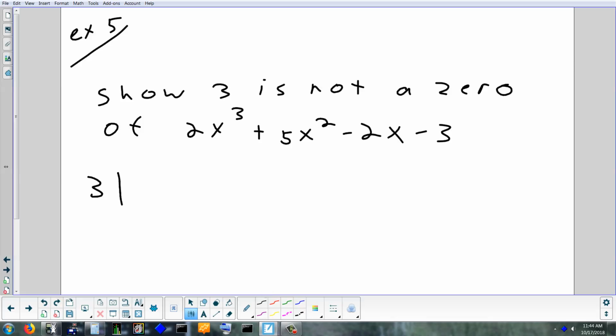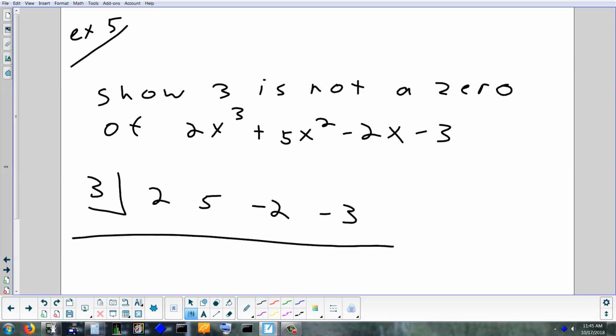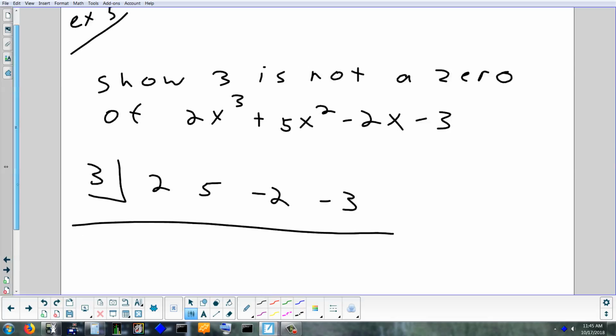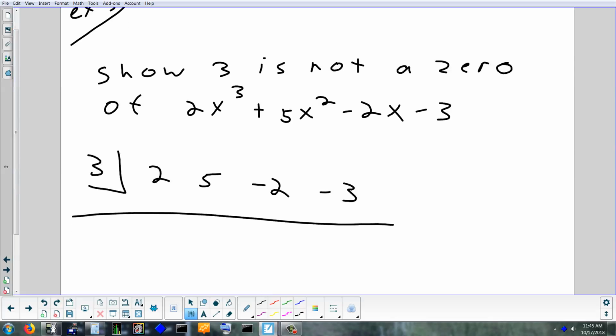So put 3, fill in your coefficients, 2, 5, -2, -3. Make sure we didn't miss any. I think we're good. And now do it out. Bring down the 2. 3 times 2 is 6. 5 plus 6 is 11. 3 times 11 is 33.